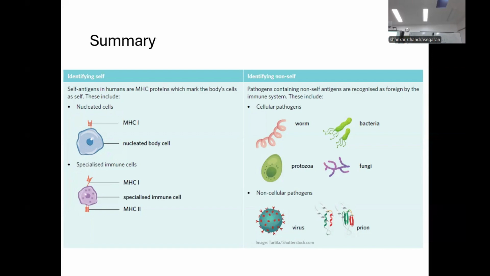Self-antigens are basically your body's antigens that your body will recognize as being your own. These are basically badges that your body gave to every cell in your body to make sure they know it's part of your body, right? And then there are non-self antigens. These are basically badges given by other organisms that will immediately get recognized in your body as non-self, a telltale sign of a foreign cell.